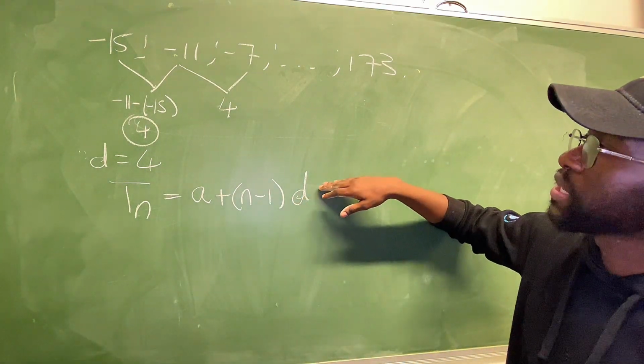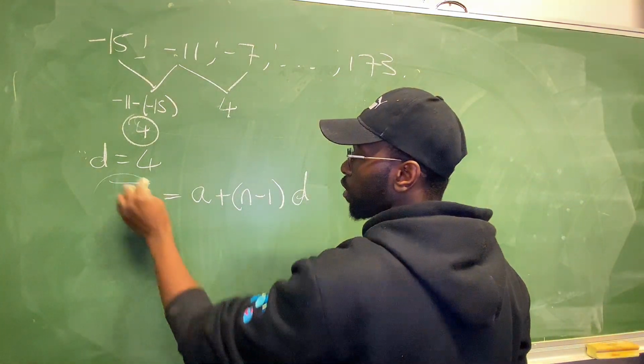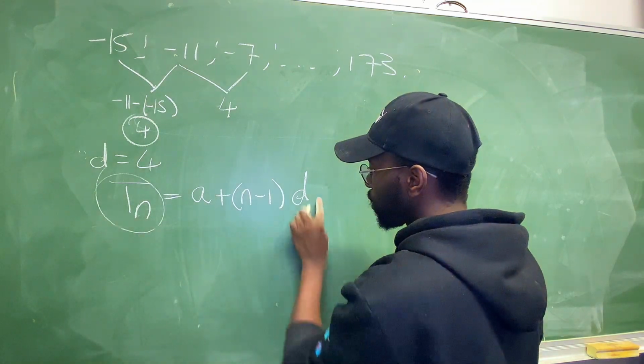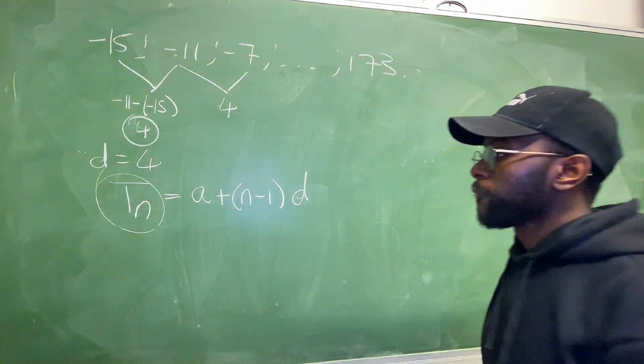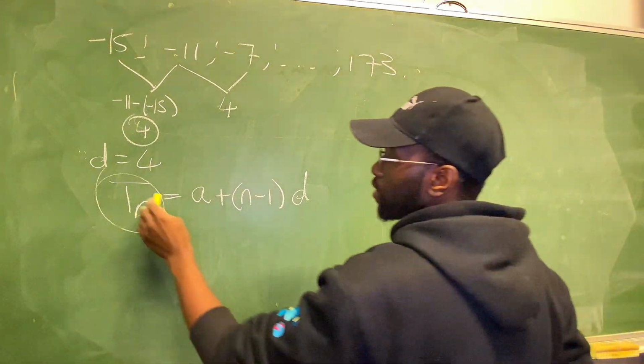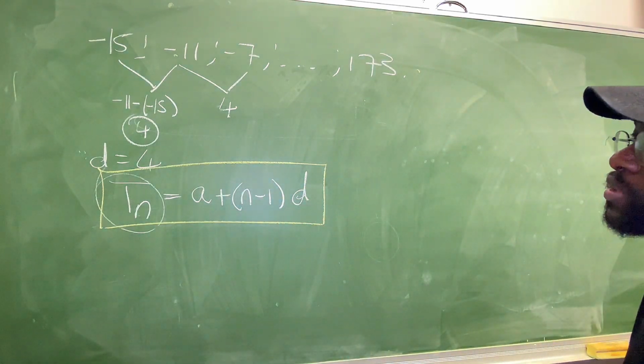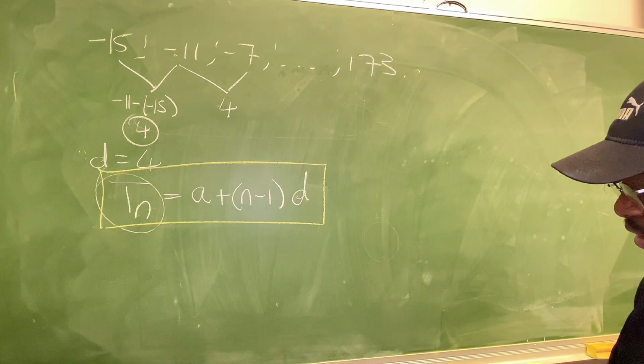So if they say find the general formula of this sequence, you are looking for Tn. You are looking for this. Now, let's just make it more pretty for us to see. Every time I introduce yellow, it seems things look so official.